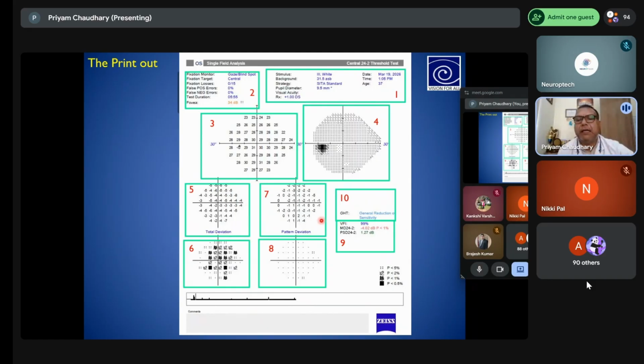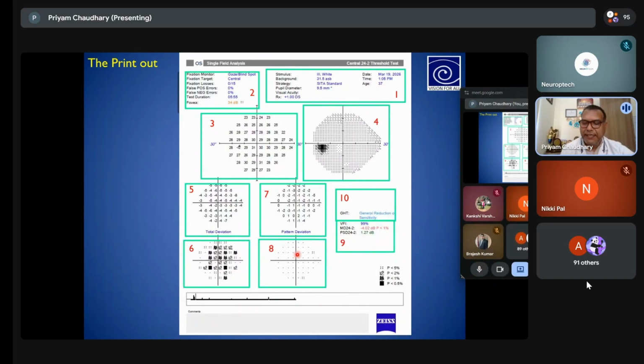So you get the mean deviation, this value. And the pattern standard deviation: you add all these points and divide by 54, like the total deviation, and you get the result. And then you get the GHT, Glaucoma Hemifield Test. This is within normal limits, outside normal limits, or general reduction.